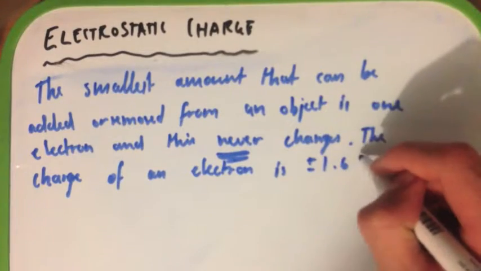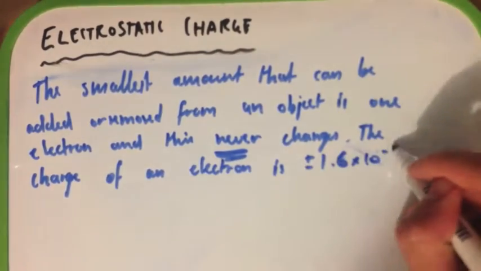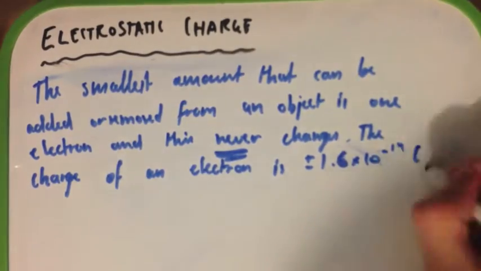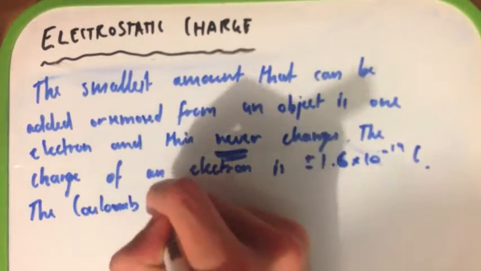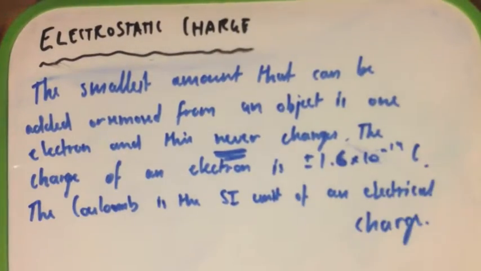The charge of an electron is positive negative 1.6 times 10 to the power of negative 19 coulomb. The coulomb is the scientific unit of an electrical charge.